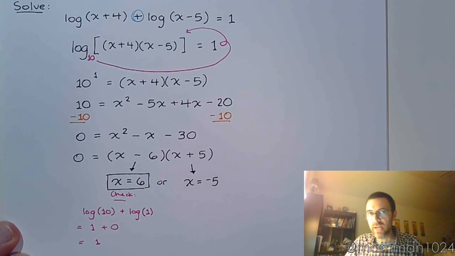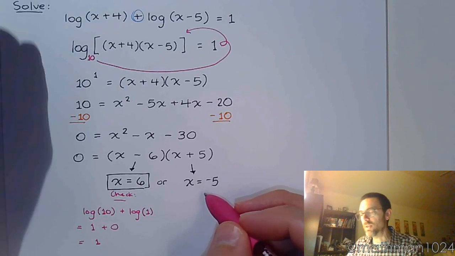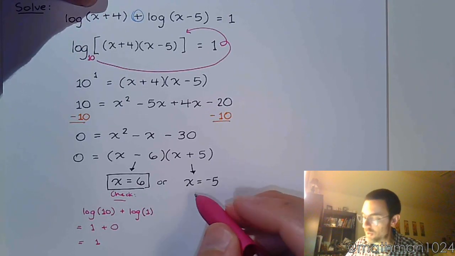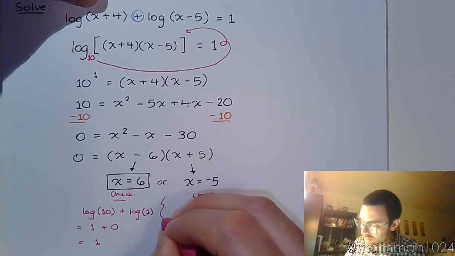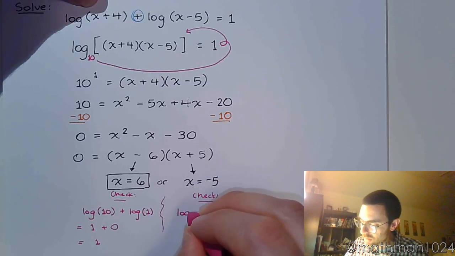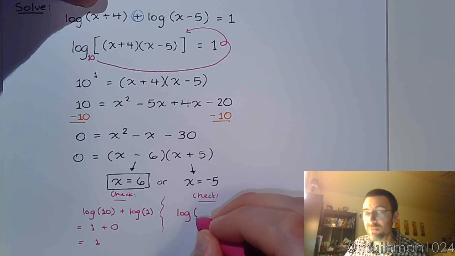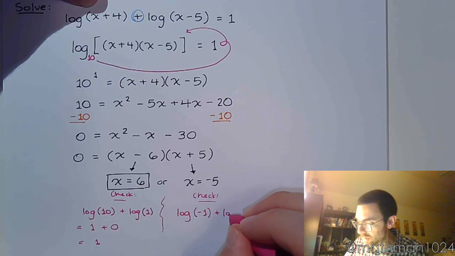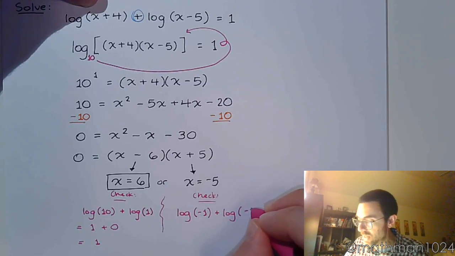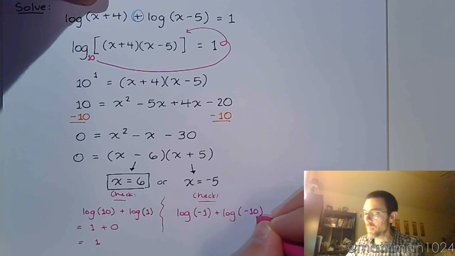What about x equals negative 5? Well, here's the thing. If I plug in negative 5 here, and I try to check this, I end up with the log of negative 5 plus 4 is negative 1, and I get the log of negative 10 when I plug it into the other log.